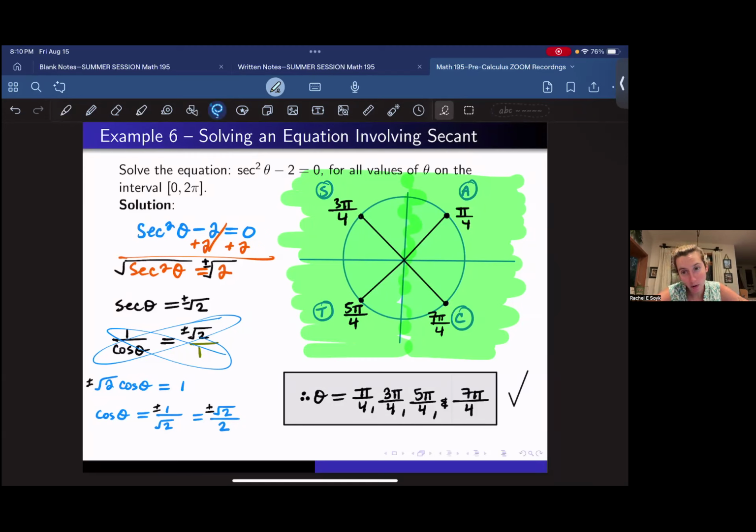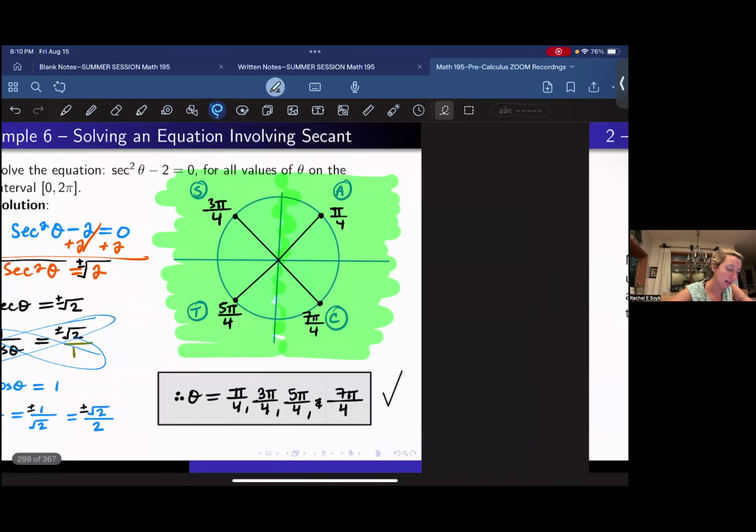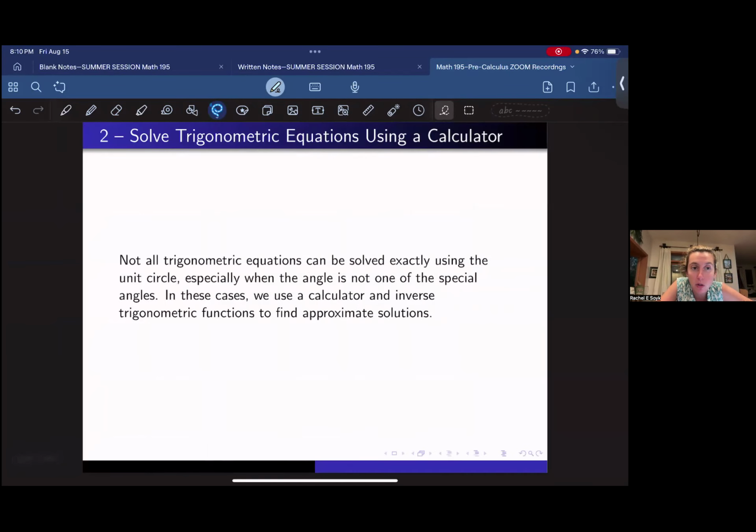So now let's move on to our second objective for this section, which is being able to solve trigonometric equations using a calculator. And so not all trig equations can be solved exactly, which is something to be mindful of.